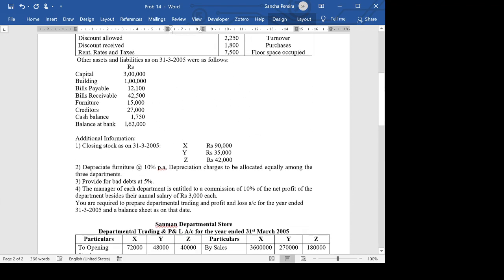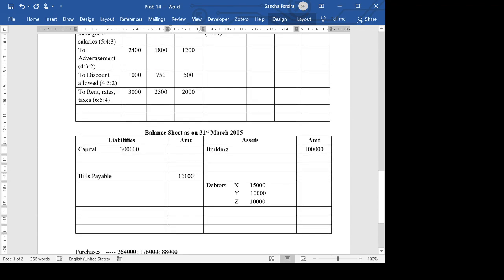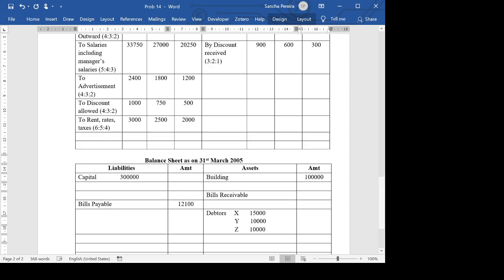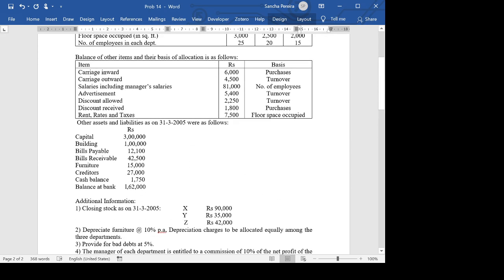Then there are bills receivable 42,500. So I can write bills receivable here. Furniture we will leave one line. Bills receivable 42,500.